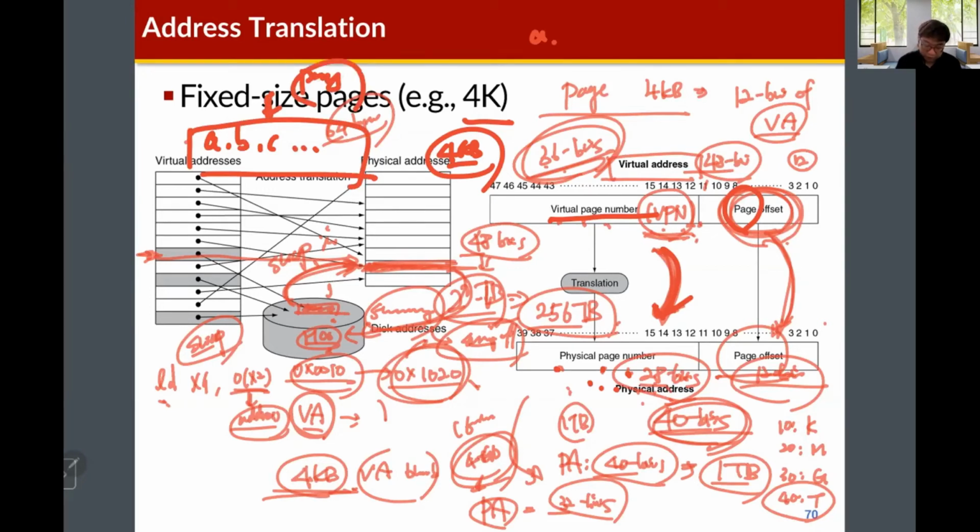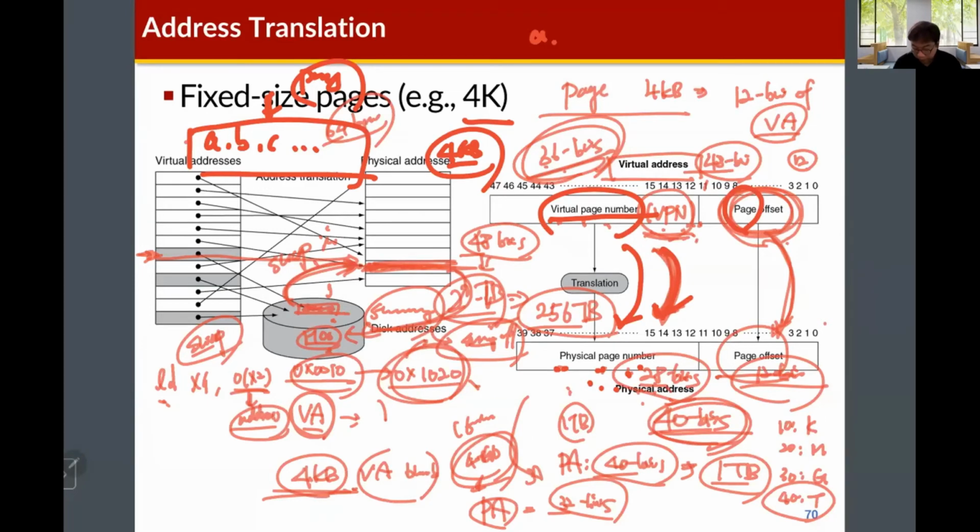The virtual page number of a page is translated into the physical page number. Because the size of the page is 4 kilobytes, a large amount of data, many variables, can be included in the page.